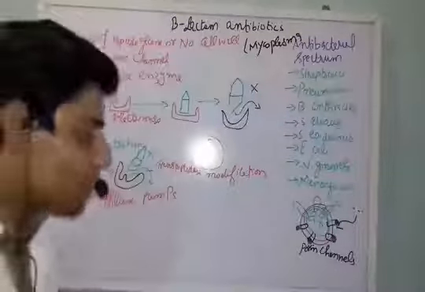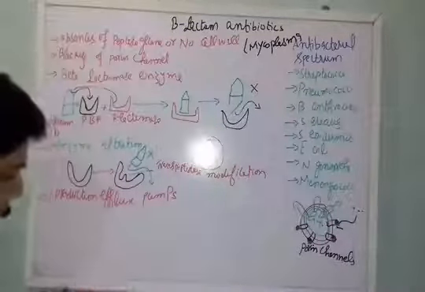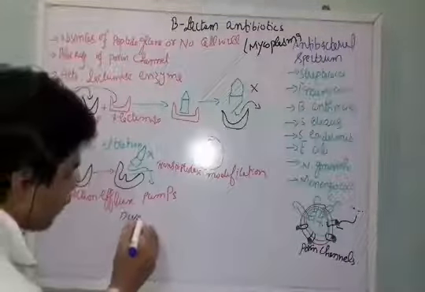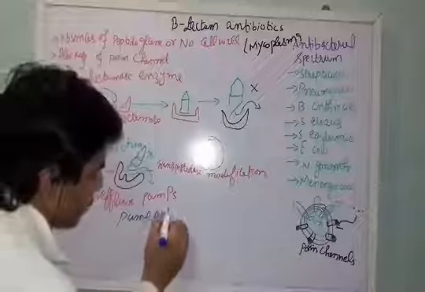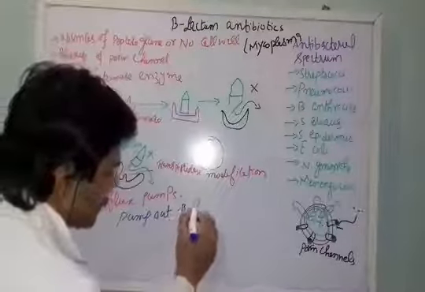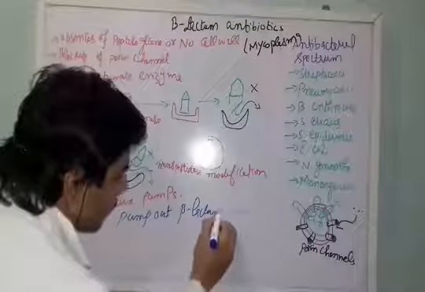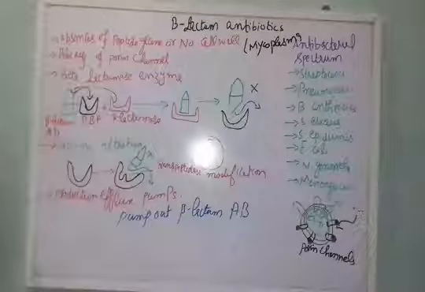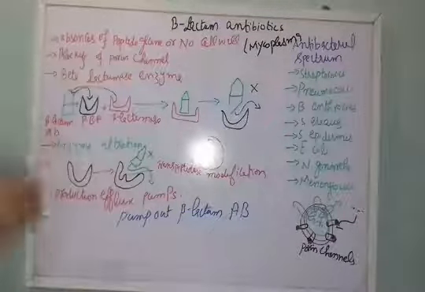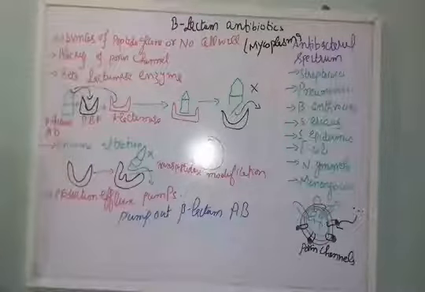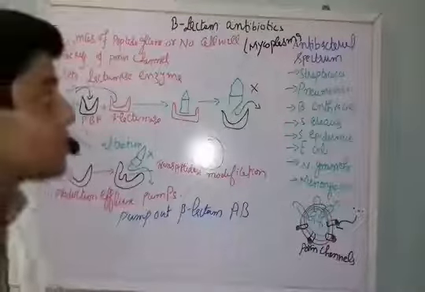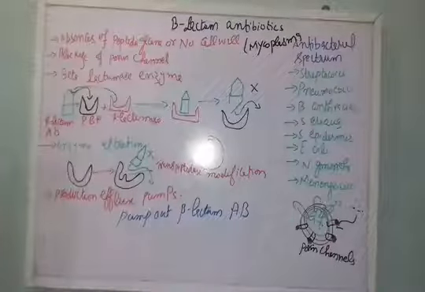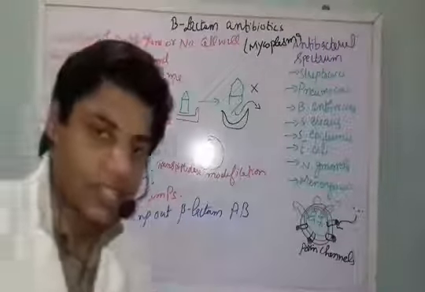So due to these efflux pumps, they will pump out the beta-lactam antibiotic. So this is the last resistance which is activated against these beta-lactam antibiotics. Fine. So that's all about the resistance which is activated against these beta-lactam antibiotics.